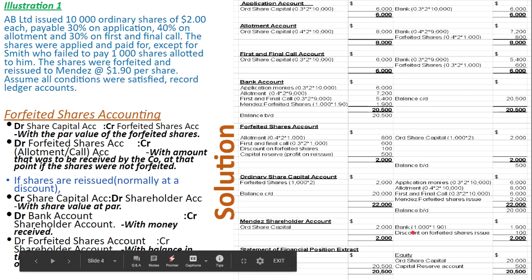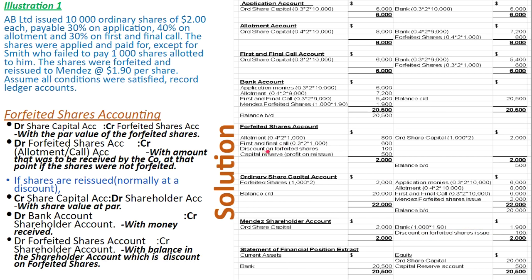So in this case, we have a difference of $100, narration discount on forfeited shares. Double entry, we go to our forfeited shares account, we record it, narration discount on forfeited shares $100.